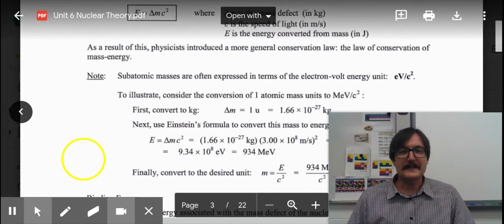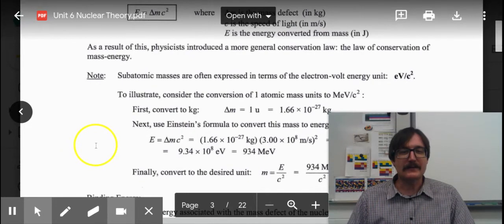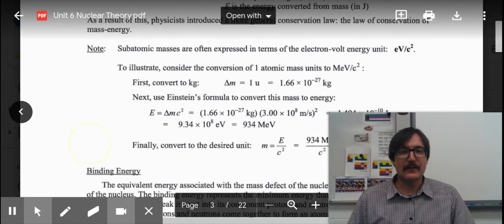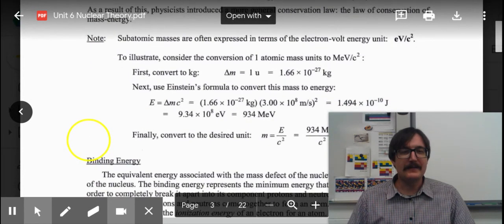Note, subatomic masses are often expressed in terms of the electron volt unit, eV over c squared. To illustrate, consider the conversion of one atomic mass unit to MeV over c squared. First, convert to kilograms. So delta M is one atomic mass unit, so 1 u is 1.66 times 10 to the -27 kilograms.